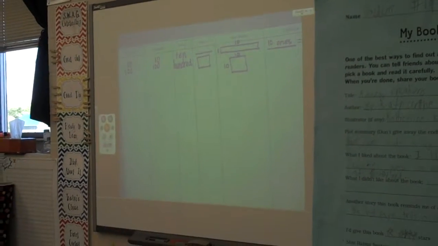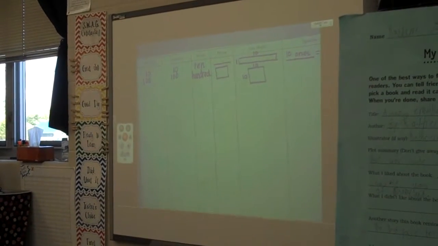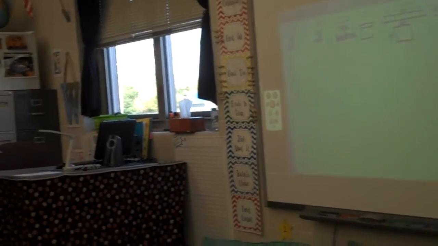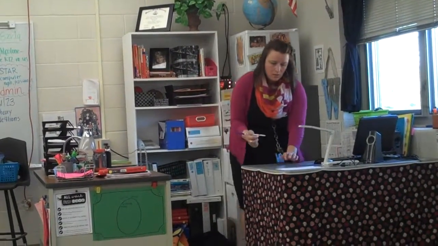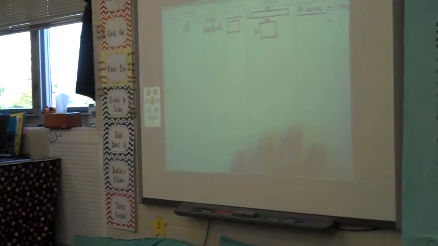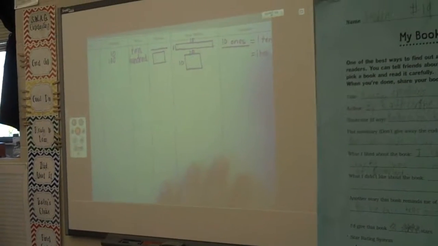Okay, so now looking at your example for 10, we might be able to write more than one equation. You think we can write more than one equation for 100? Yeah. Okay, well let's start with this.